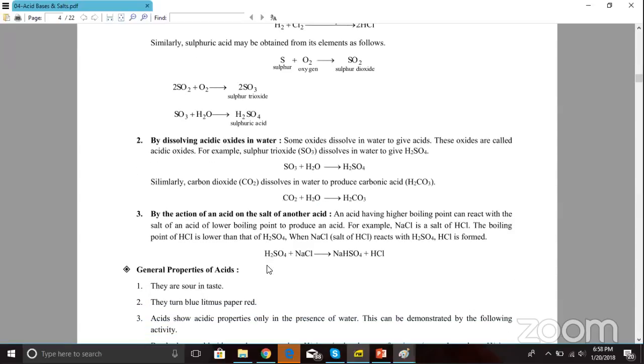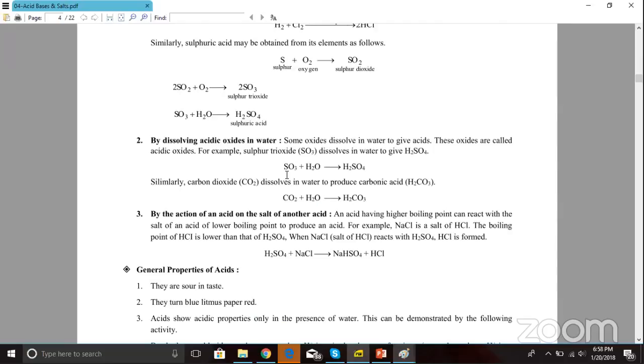Then the next method is dissolving acidic oxides in water. Acidic oxides are generally non-metallic oxides, because when non-metallic oxides dissolve in water, we get an acid. That's why non-metallic oxides are acidic oxides. For example, SO3.